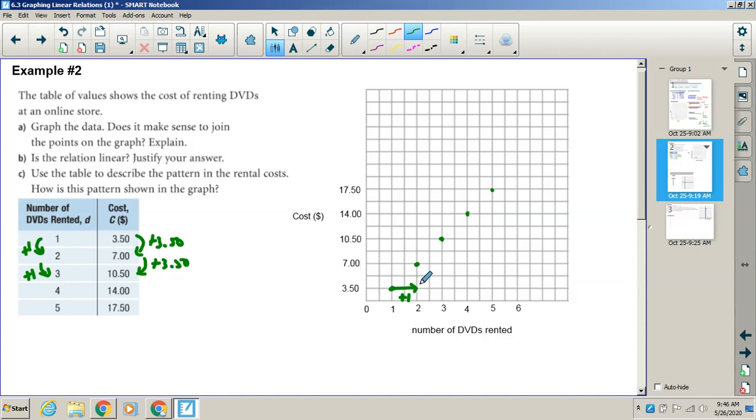I'm increasing by 1 here, and in my y-axis, I'm increasing by 350. So what's happening in the table is also shown in the graph. Again, we've got an increase of 1 here, and then an increase of 350 there, increase of 1, increase of 350, every time. So the table and the graph are showing the same thing.